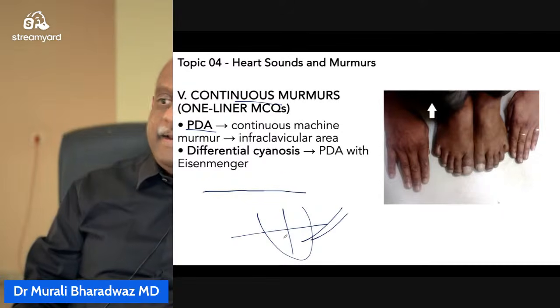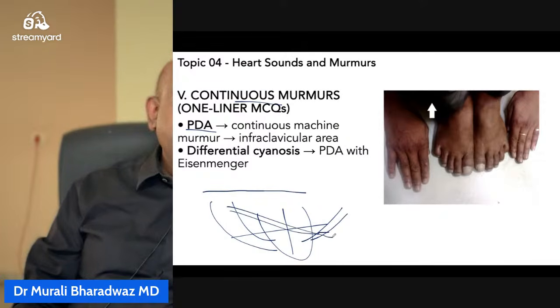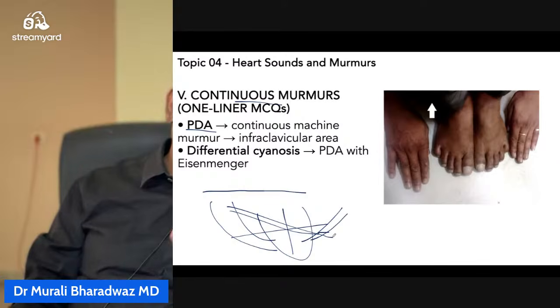Aorta. From the right ventricle what comes? Pulmonary. Between these two, a tunnel forms. That is patent ductus arteriosus. The ductus arteriosus normally closes, but it does not in a few people who have PDA.